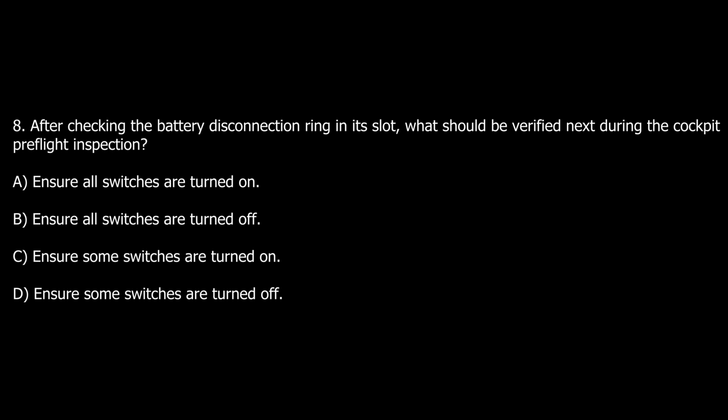After checking the battery disconnection ring in its slot, what should be verified next during the cockpit pre-flight inspection? A. Ensure all switches are turned on. B. Ensure all switches are turned off. C. Ensure some switches are turned on. D. Ensure some switches are turned off.